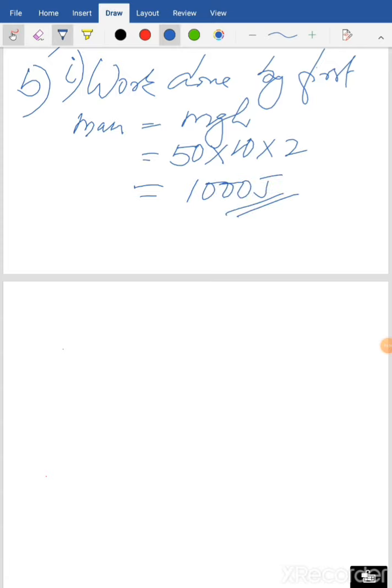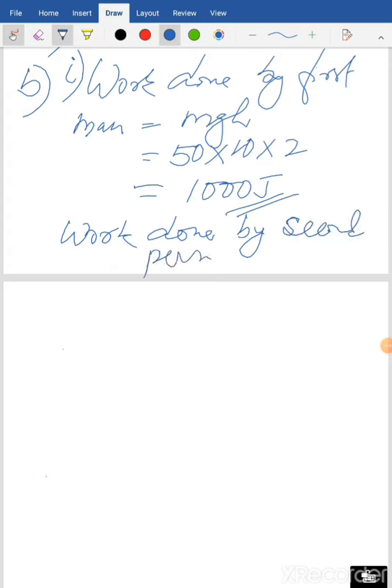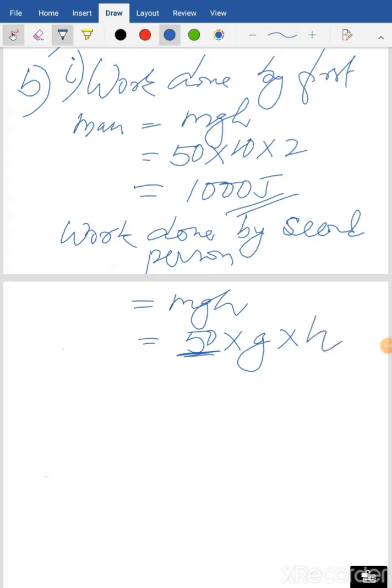Clear. Then the other one is work done by the second person equals mgh only, because they are doing the same work. So they are lifting the same box whose mass is 50 kilogram against gravity to the same height.